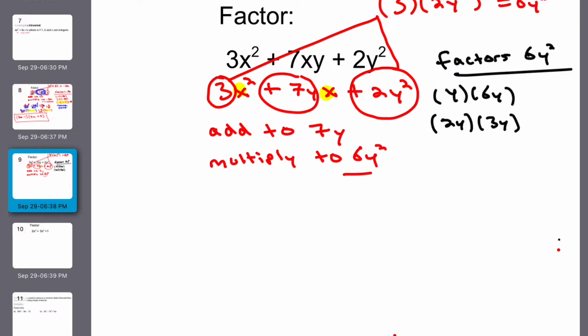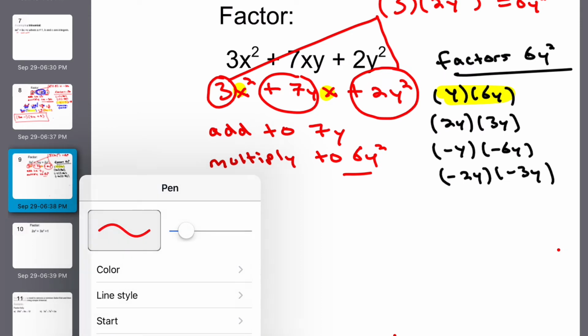We could do negative y times negative 6y. We can do negative 2y times negative 3y. Do any of these add to plus 7y? Yes, looks like the first one does actually. So I didn't even need those other ones. So y and 6y are going to be our two magic numbers here.